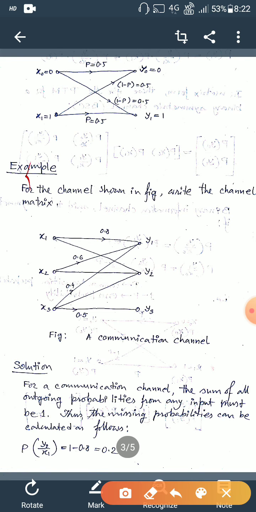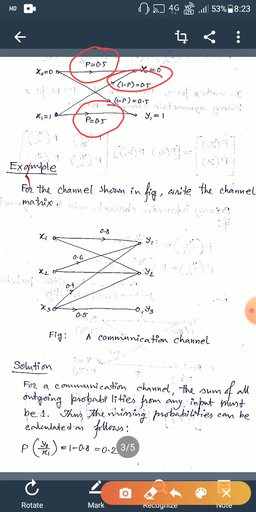This is p of y0 given x0, and p of y1 given x1 is defined as 0.5. So obviously 1 minus p also becomes 0.5. This is a typical example, and you can understand the binary information channel if the direct probability is 0.5.